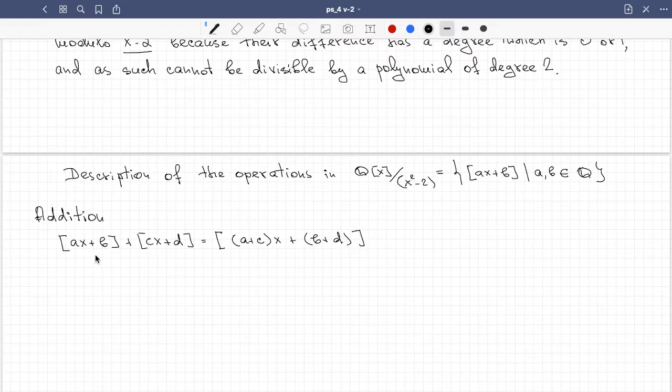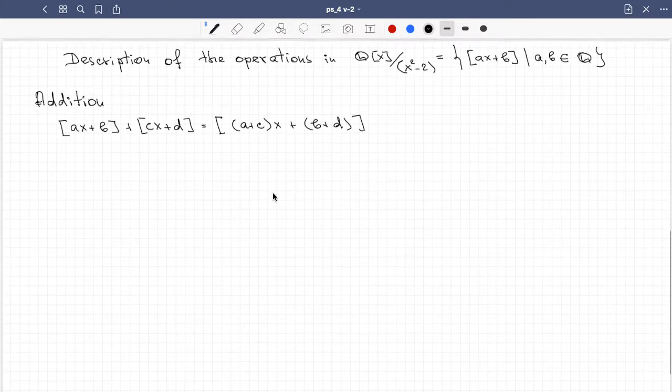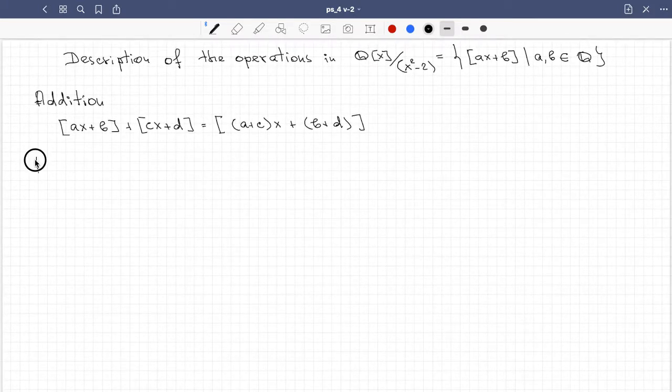So out of these two classes we produced another class, and that's the end of the story. The class of this polynomial, whether it is 0 or non-zero, no higher degree, if not 0, than 1. It is a little bit tricky with multiplication.